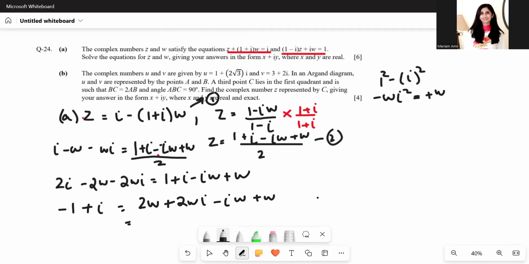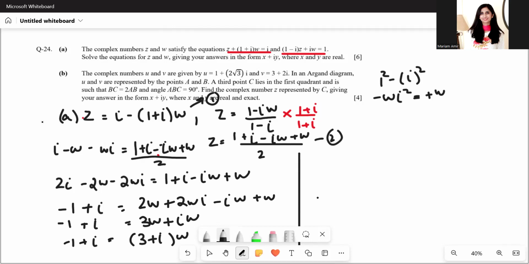So we're getting 3w and plus iw. Okay, I'm taking w common and we get 3 plus i, and we will divide it with the left hand side. So (-1 plus i) over (3 plus i) is equal to w.